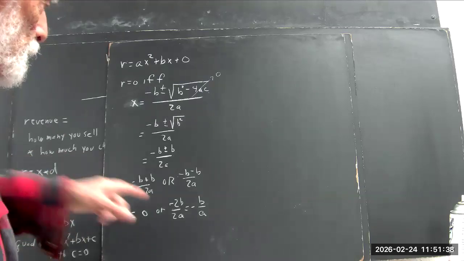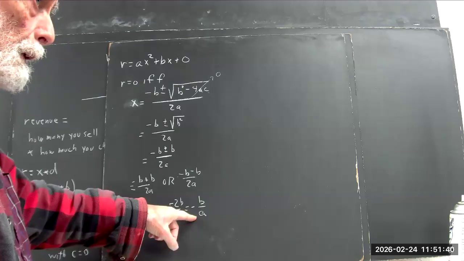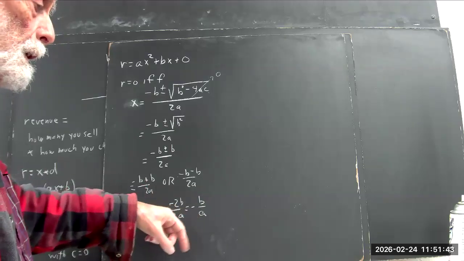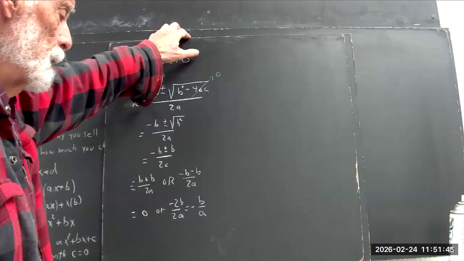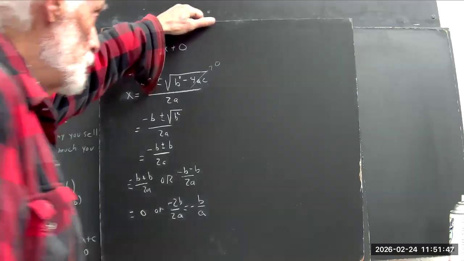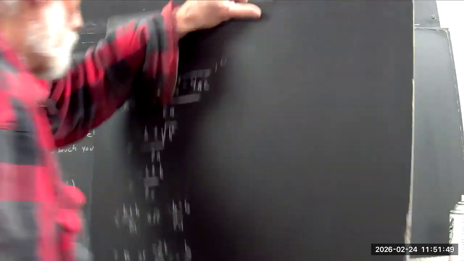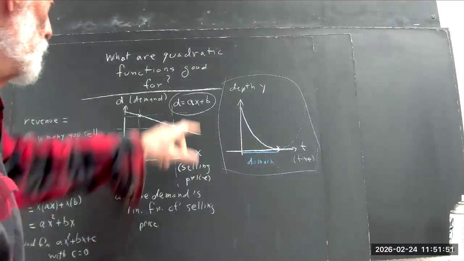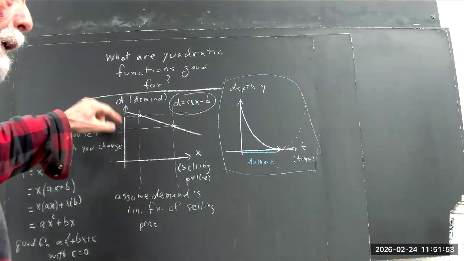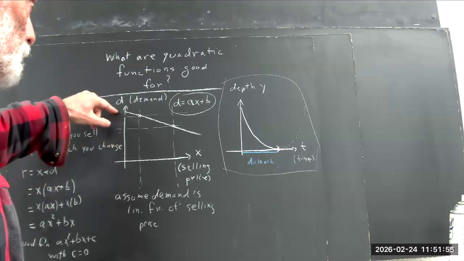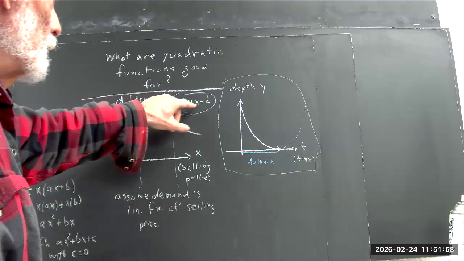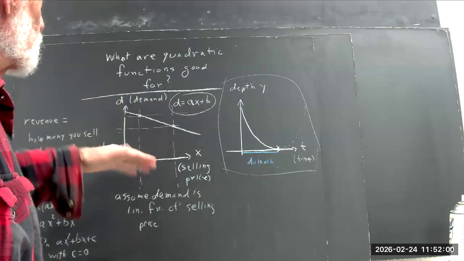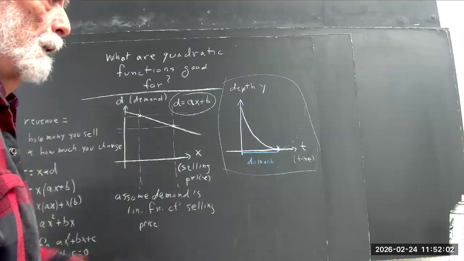Now remember, it looks like you've got a negative number here, right? Negative b over a. But remember what a is. Okay, b is a positive number. Why? Because b is the y-intercept of this graph, and the y-intercept is positive. A is the slope. This is a demand function.